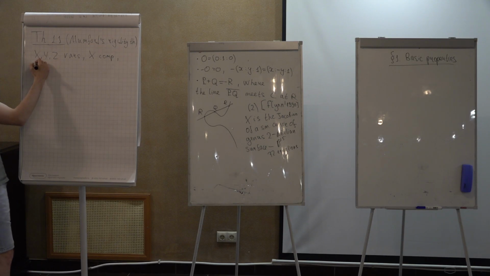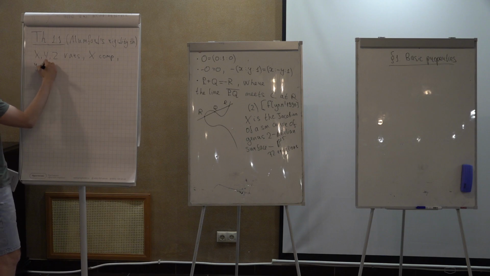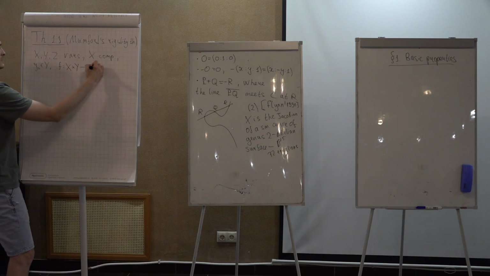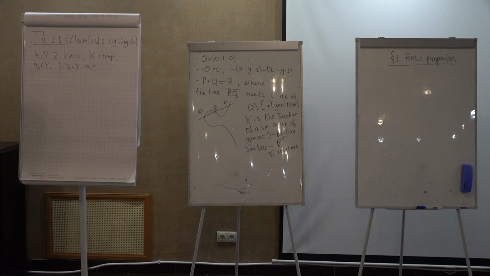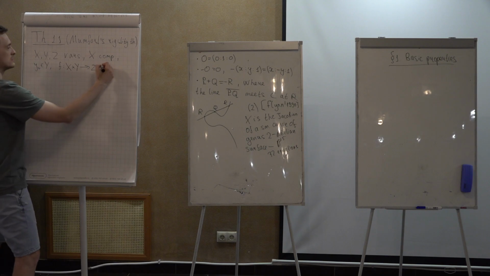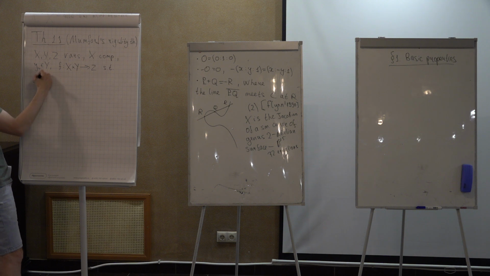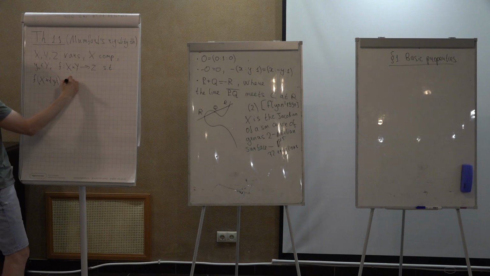I have a point y0 in Y. I have a morphism f from X times Y to Z such that it sends this whole X fiber, X times y0, to a single point.